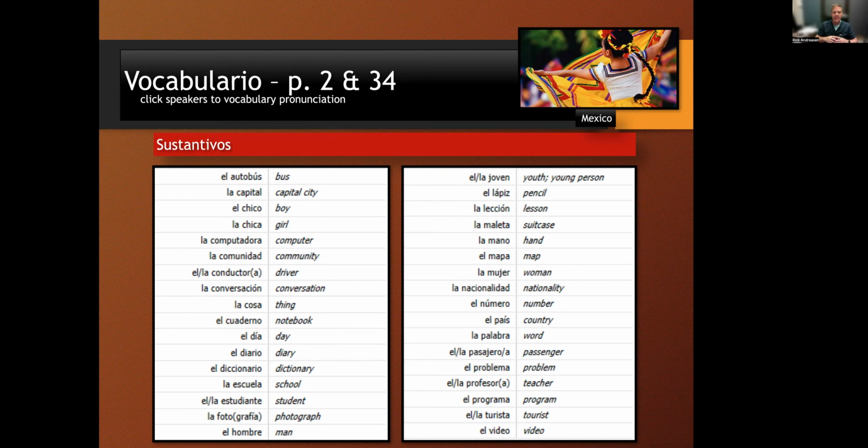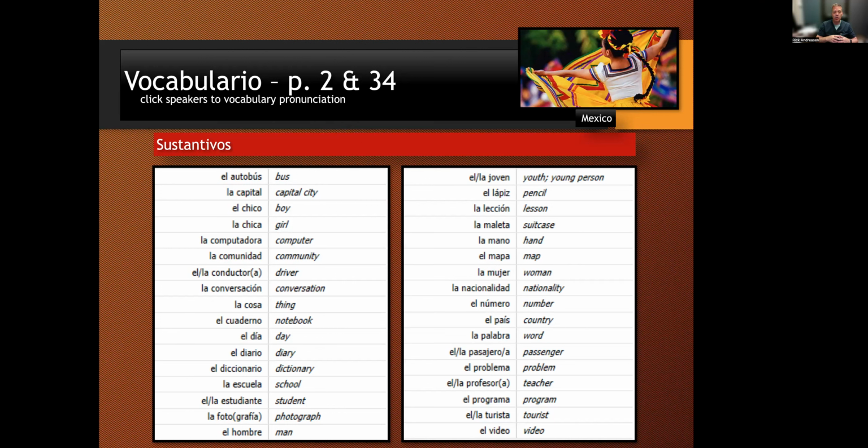La comunidad. El conductor. La conductora. La conversación. Another long word. La cosa. The thing. El cuaderno means notebook.